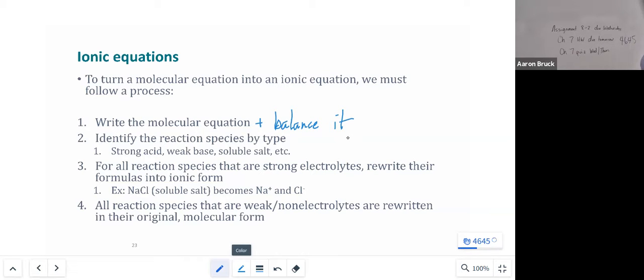The reason why is because we need to know what are strong electrolytes. In our molecular equation, we need to know what's going to break apart and what's going to stay together. Anything that is a strong electrolyte is going to break apart into its ions that make it up.